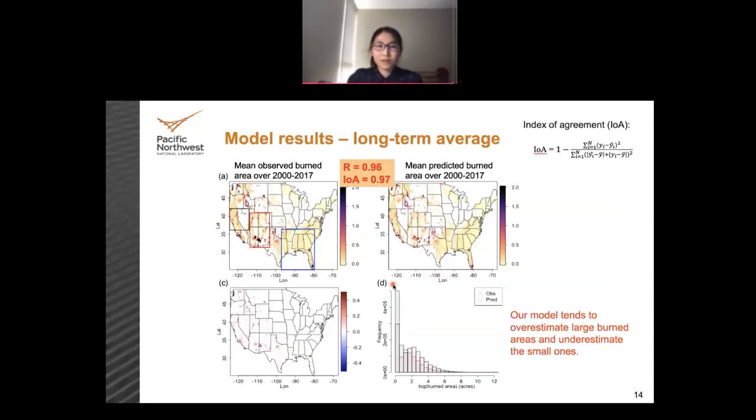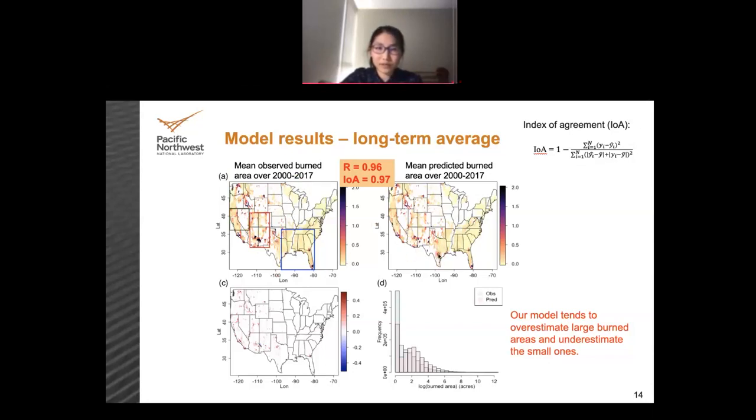Okay, so after introducing the model and the predictors, we can check the model results. Here I show the mean observed burn area over 2017 in the top right figure, and the prediction over here.